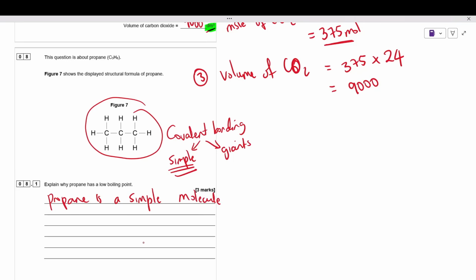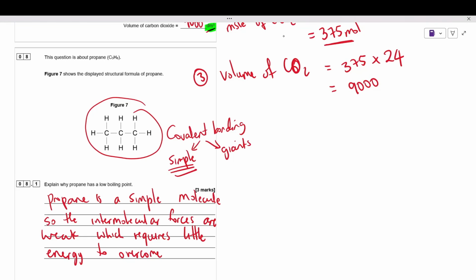And because it is a simple molecule, it is going to have weak intermolecular forces, which requires little energy to overcome.